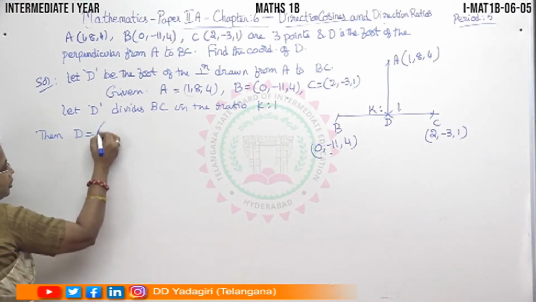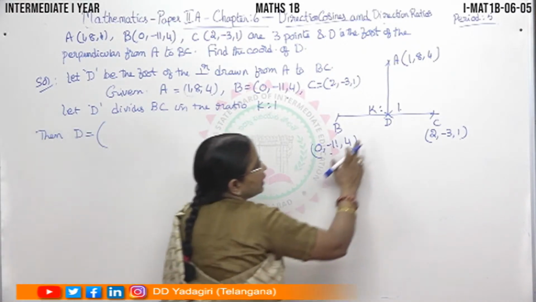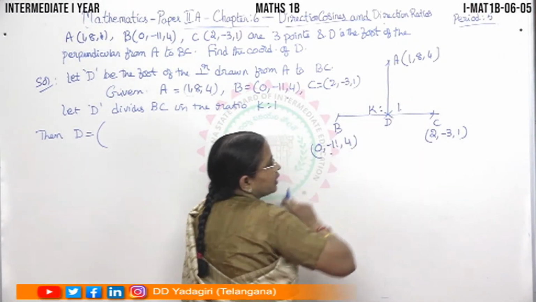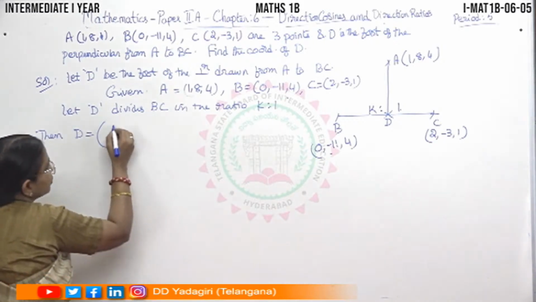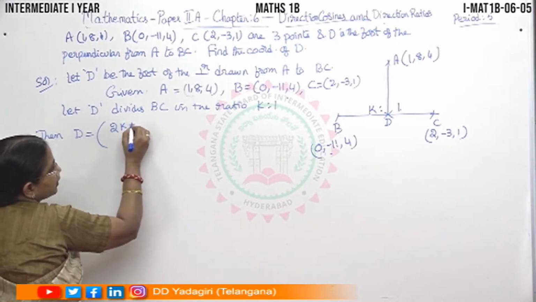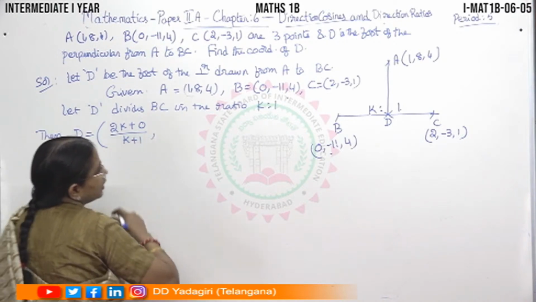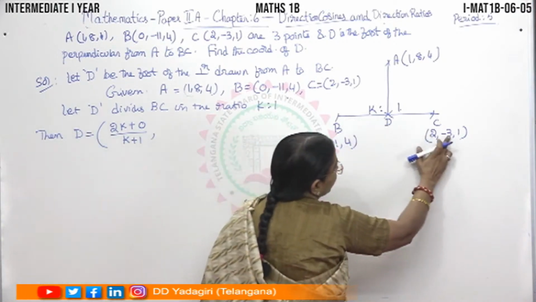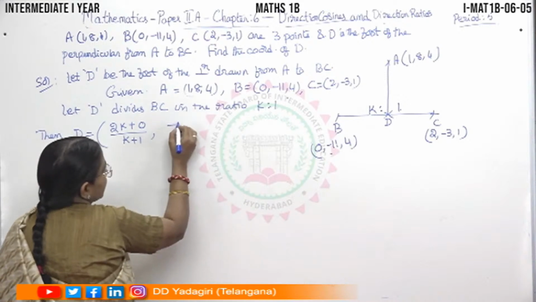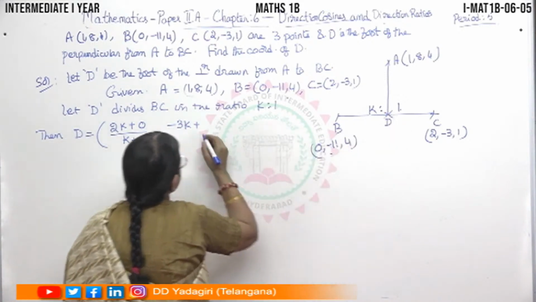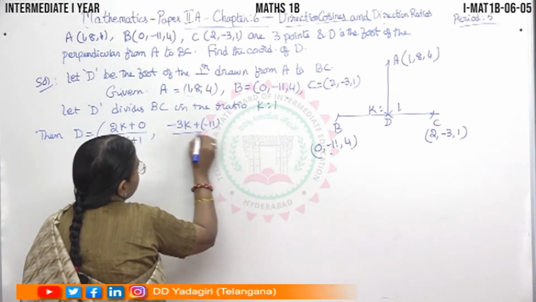Then D is equal to (mx2 plus nx1) by (m plus n). So that is the formula. So it is (2k plus 1 into ...) by m plus n. Then again the y-coordinate is m by 2, that is minus 3k plus n by 1, 1 into minus 11, by m plus n.